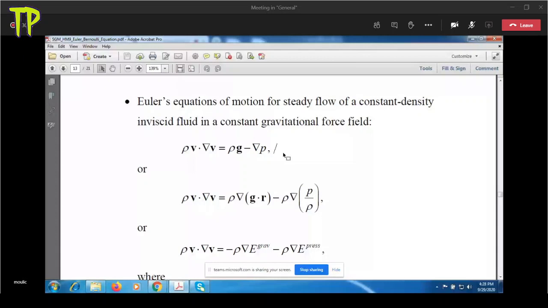So J cross B will not be a conservative force field. But if you have an electrically charged fluid, the electrostatic force might be conservative. Depends on the situation.